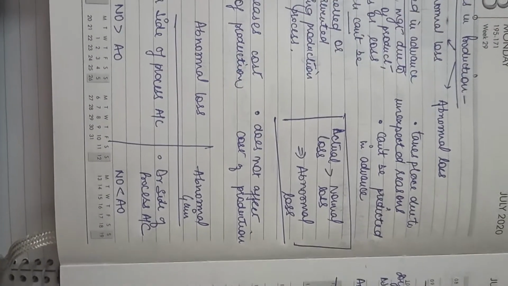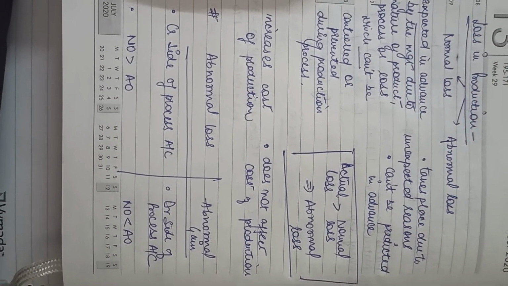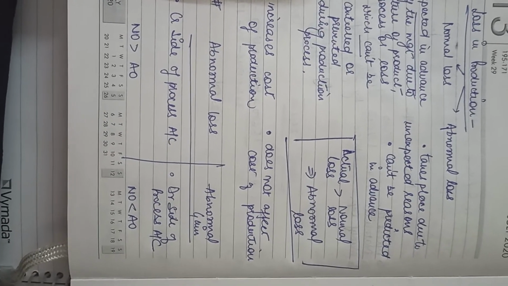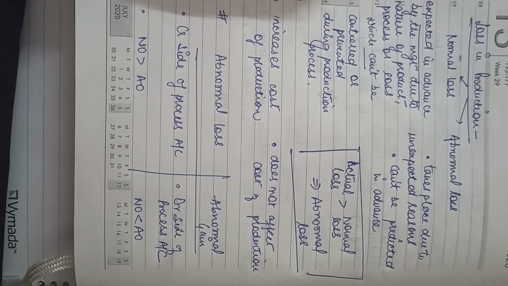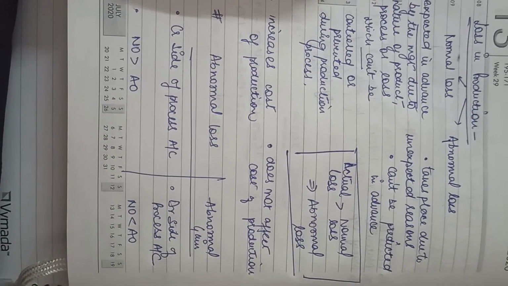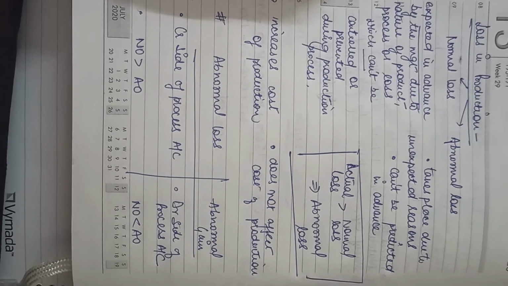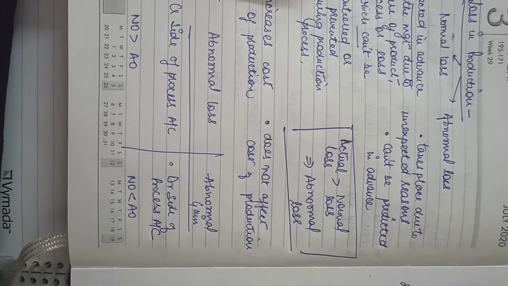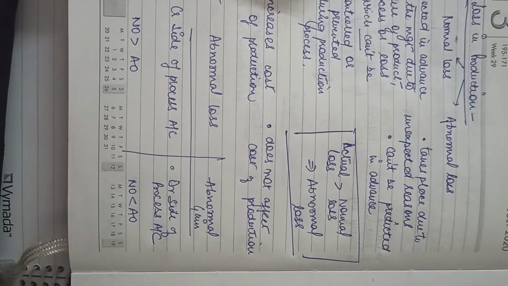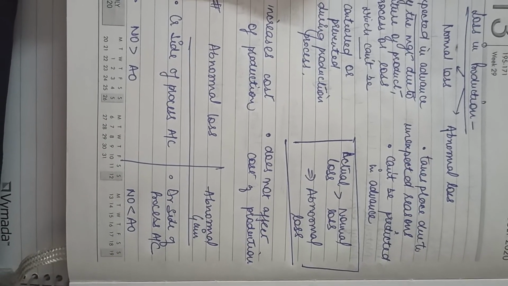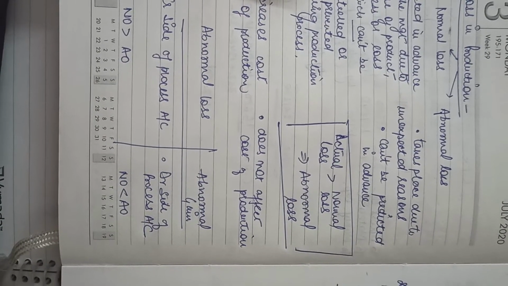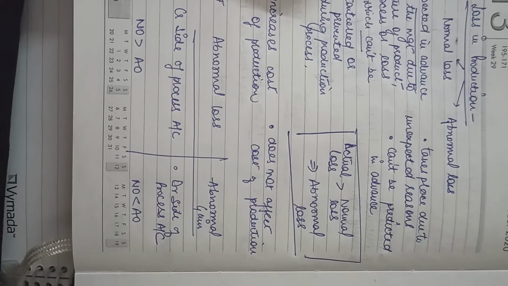More examples can be power failure, labor strike, carelessness or indiscipline of the laborers or workers, or the attitude of the worker to damage the material. So these are all examples related to abnormal loss which are unpredicted and uncontrolled by the management, and abnormal loss does not affect the cost of production.